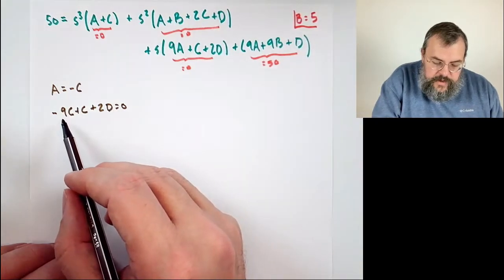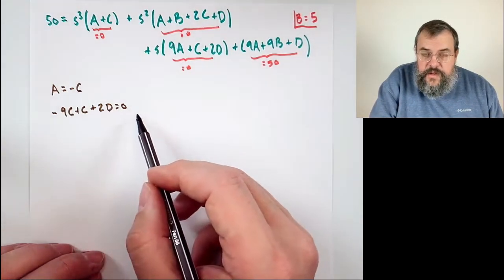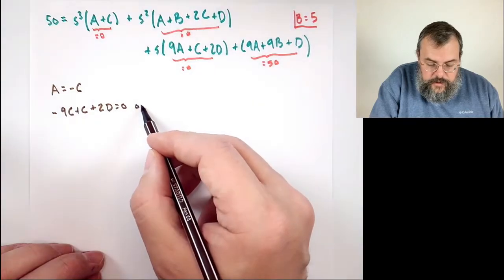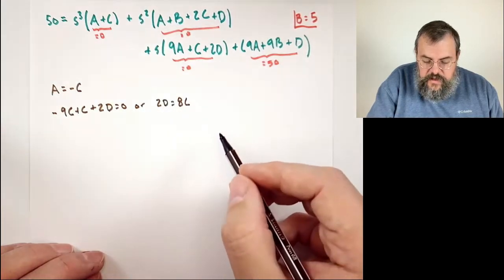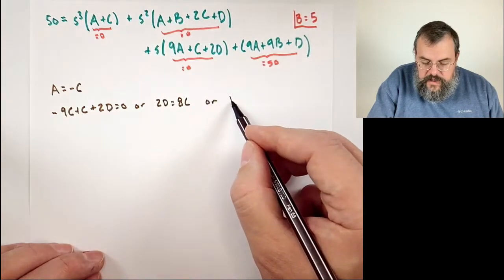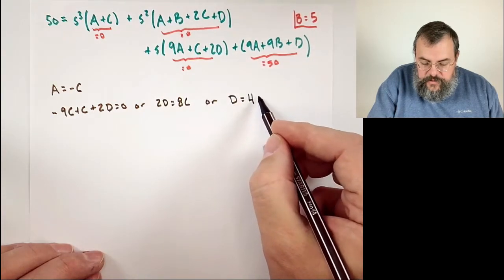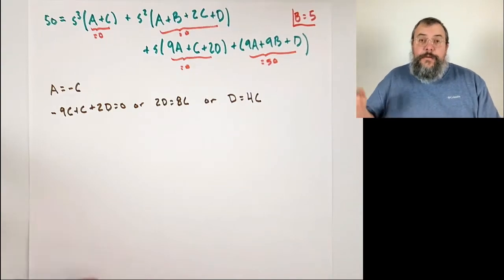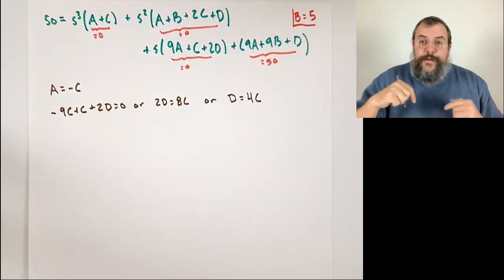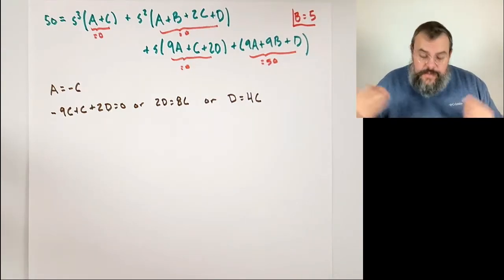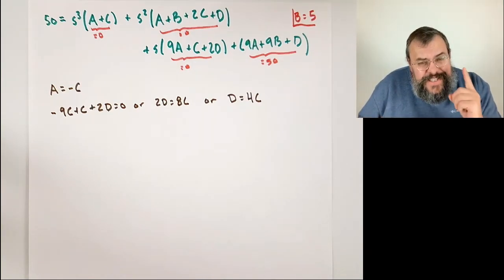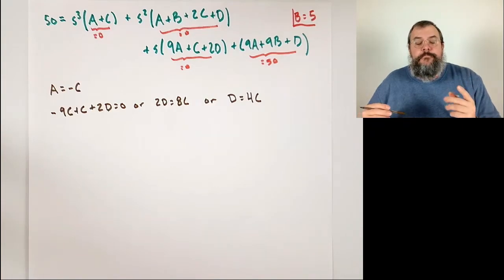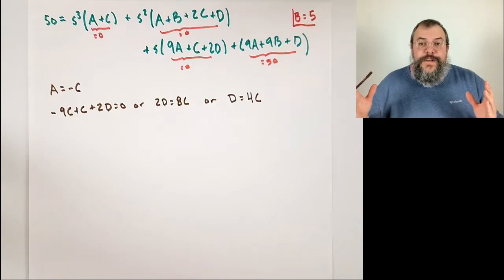Well, that's minus 8c plus 2d equals 0. Or we could say that 2d has to equal 8 times c. Or that says d has to equal 4 times c. So now we know a and d in terms of c, and we already know what b is. B is just 5. That means if we can just figure out c, life is good.